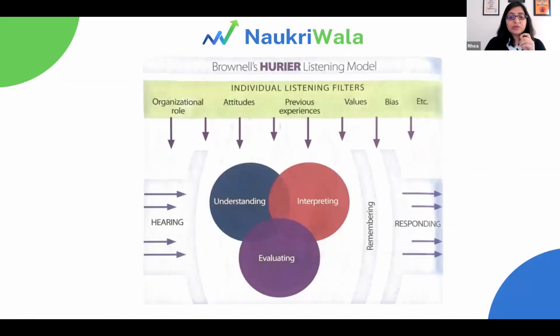Now, over here, when you are listening, there are three things that happen. Okay. You are understanding, you are trying to interpret what the other person is saying, because sometimes the person is not able to explain. So you understand their attitude, you understand their value system, their culture. Maybe they also have some barriers, maybe they also have some past experiences which are not so good.